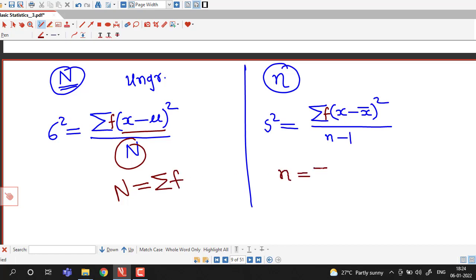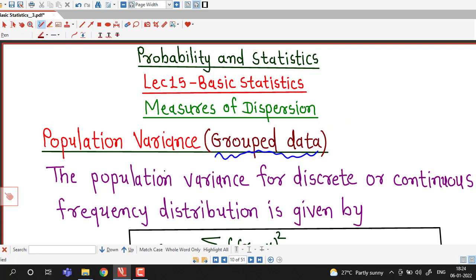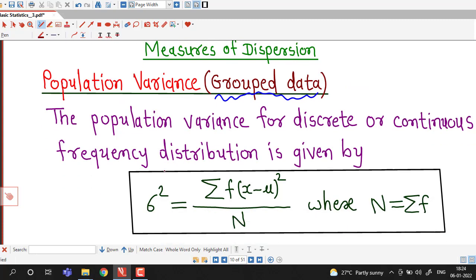Same thing here: small n equals the sum of all the frequencies. So this is the definition for population and sample variance in case of a grouped or continuous frequency distribution. Now if we are given classes, then we will consider this small x as the mid value of the particular class. With this in mind, we try to understand these definitions.